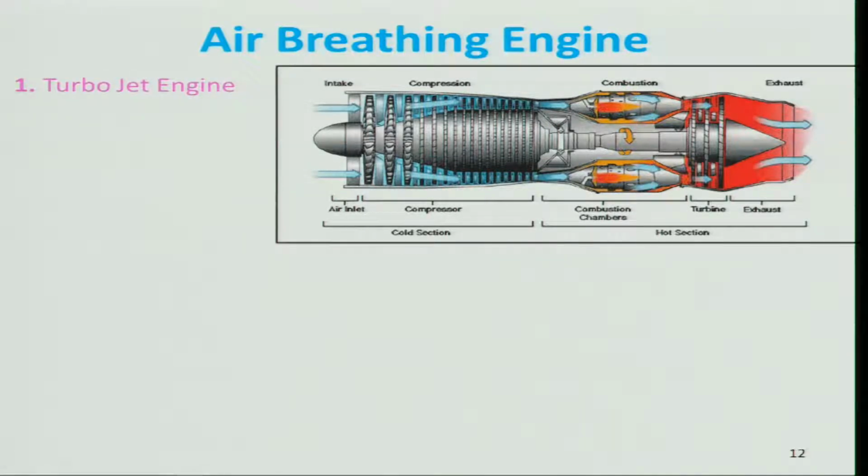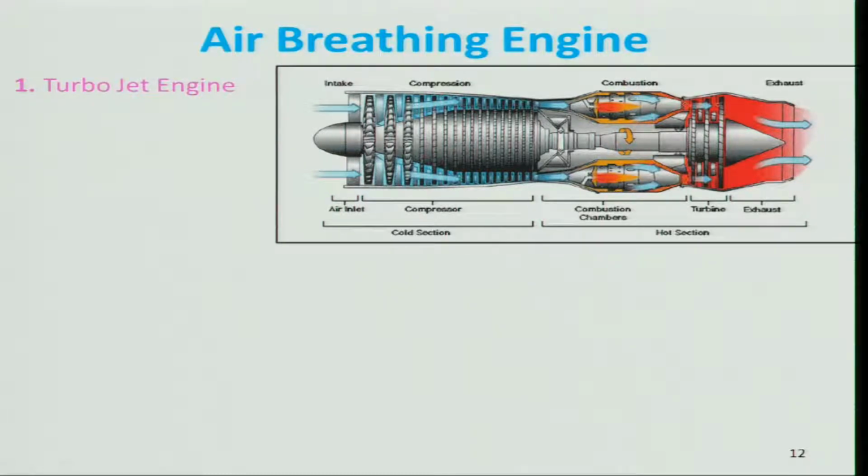And this is the combustion chamber where you burn the fuel, generally trying to avoid loss of pressure. Then this high temperature and high pressure gas is expanded in the turbine, and again expanded further in the exhaust nozzle to get the thrust.